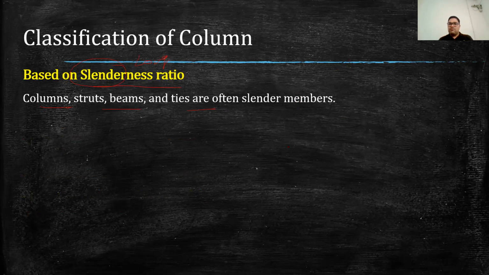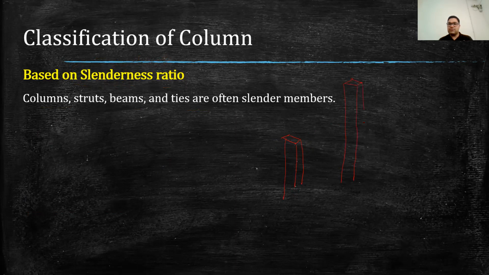Now, if we take an example, say if this is a small column and with the same cross-sectional dimension, we have another column which has a high length.